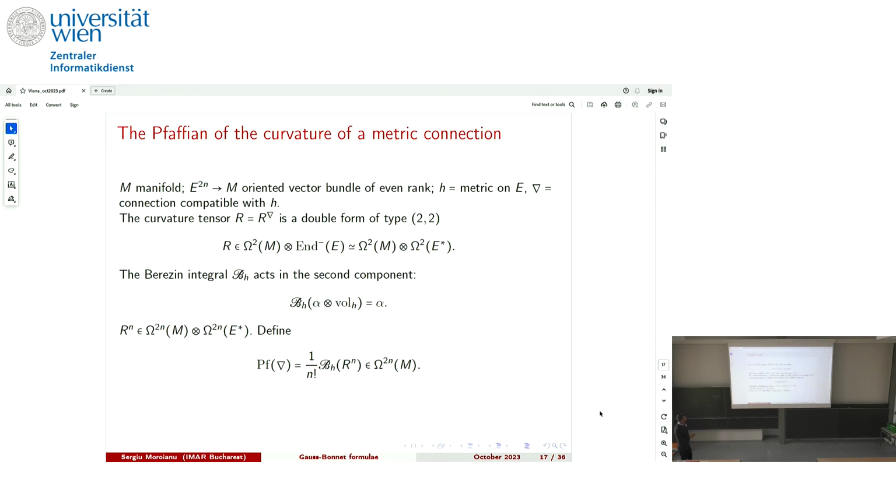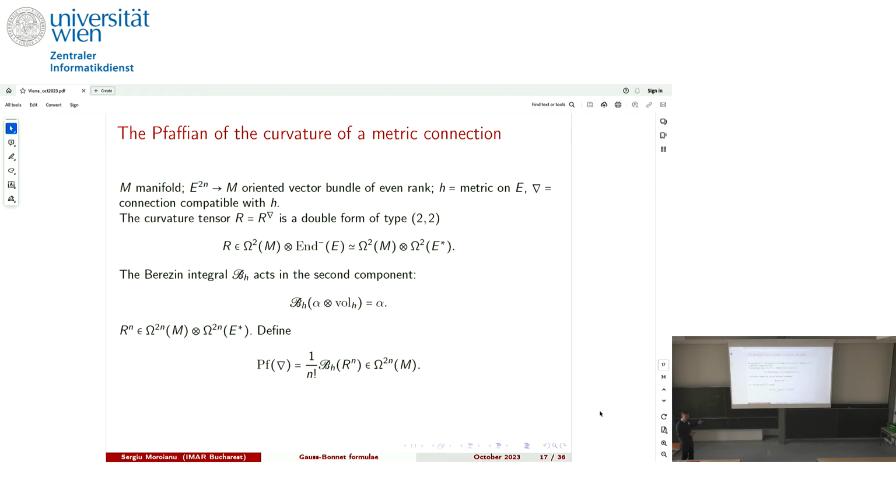Okay, so this is the construction of the Pfaffian of the curvature. Now it's a little more complicated. We have a bundle of even dimension with a metric and compatible connection. Then the curvature is a skew-symmetric endomorphism. As we said, we transform this into a two-form on E. So the curvature tensor now becomes a double form of type 2-2.